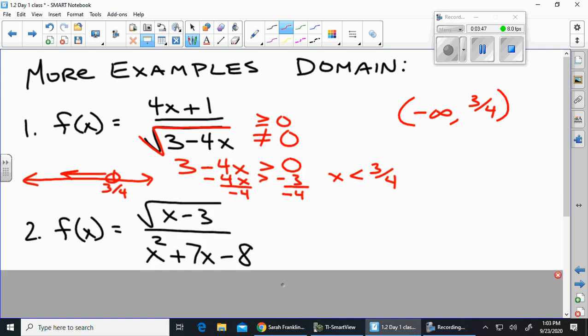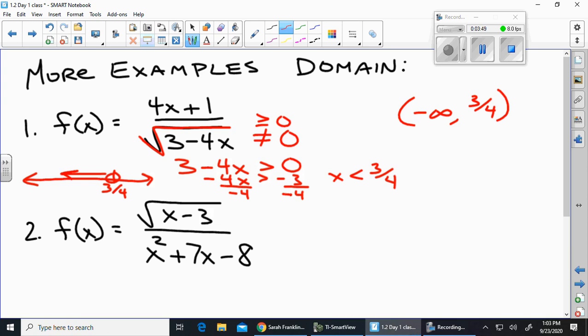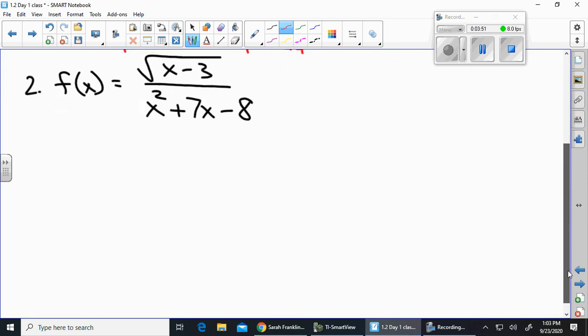So second one, we have a fraction again, but that fraction has a radical. Usually with a fraction, the top doesn't matter, but the top is a radical. So I know that has to be greater than 0. The bottom, since I have a fraction, cannot equal 0.